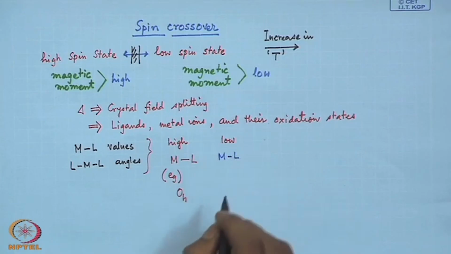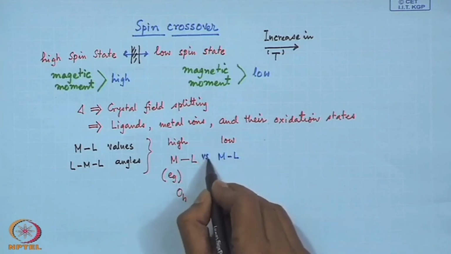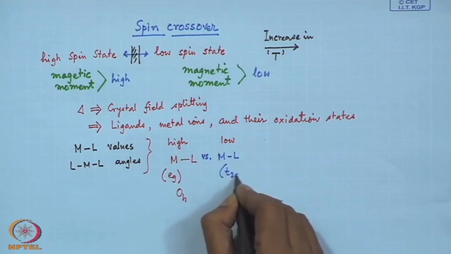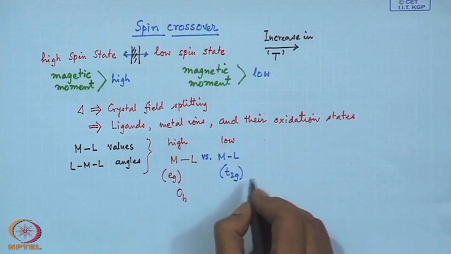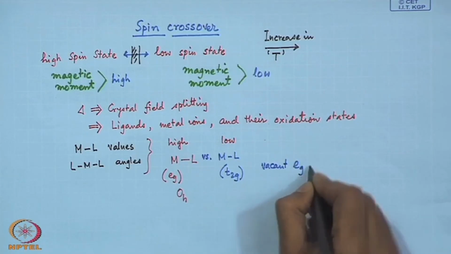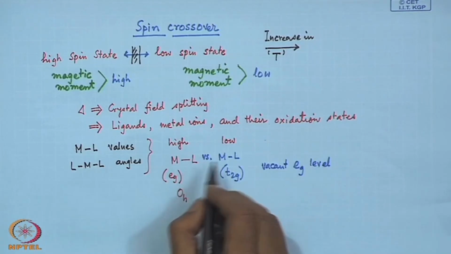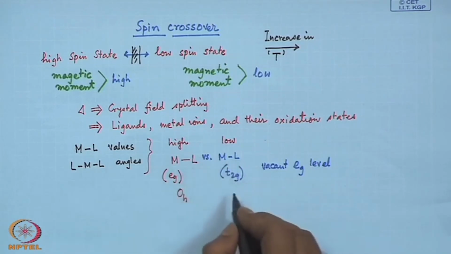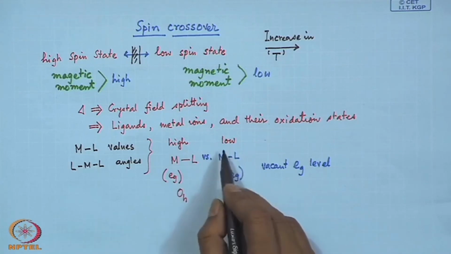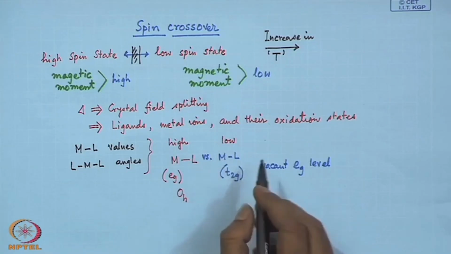Similarly, when it is low, the M-L bond distance is low, and these when we compare, they are comparable. So only we have the electrons in the t2g level and vacant eg level. So the vacant eg level will contract the M-L distance, and that basically gives rise to the corresponding shorter M-L distance in case of the situation where we get the electrons only in the t2g level.